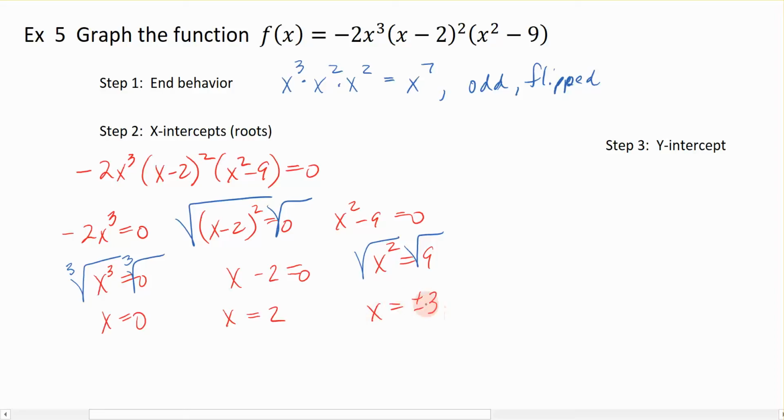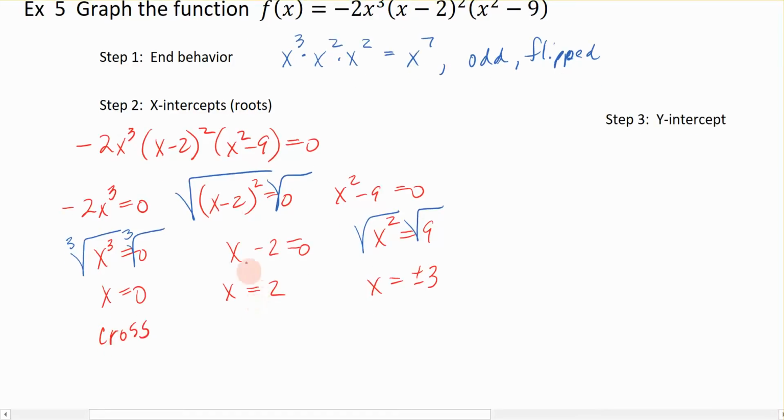Now, what about the multiplicity, and whether these roots touch or cross? Going back to my factored equation, for x equals 0 we have a multiplicity of 3, indicating that because this is odd, we're going to cross.